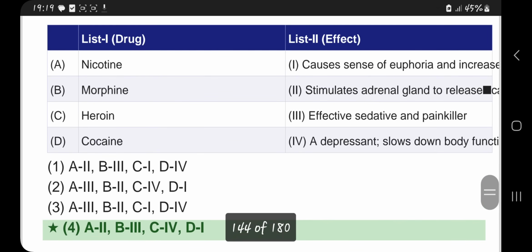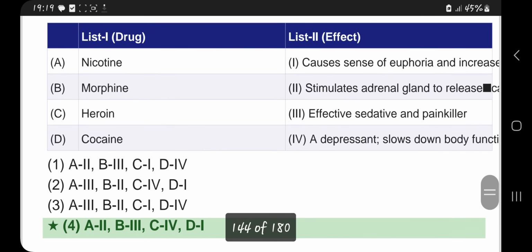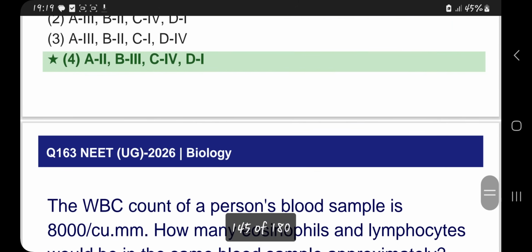A2, nicotine stimulates adrenal gland to release. Morphine, B3, effective sedative and painkiller. C4, heroin, a depressant, slows down body function. Cocaine causes sense of euphoria and increased awareness. So A2, B3, C4, D1.